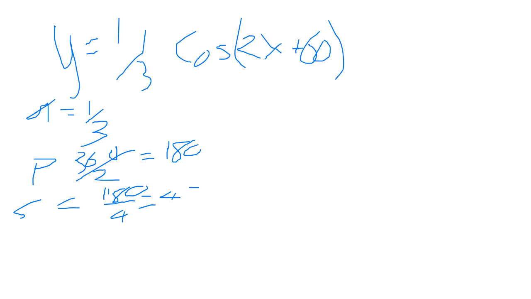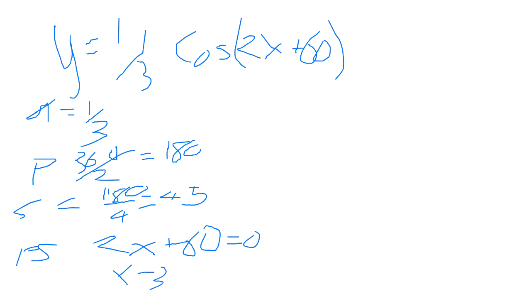Then your phase shift will be 2x plus 60 equal to 0. So your x will be equal to minus 30. But please don't leave it as minus 30.